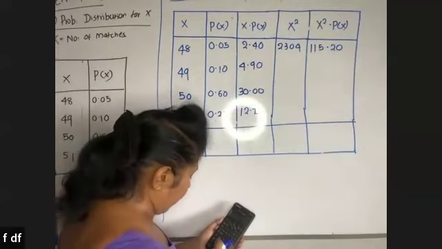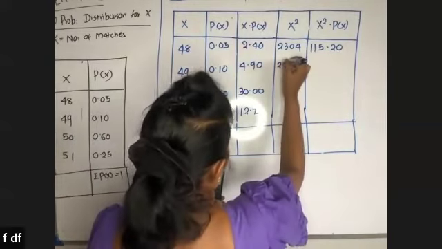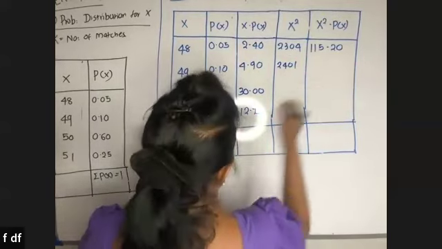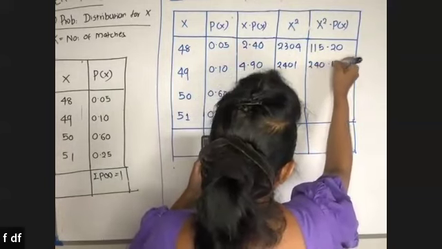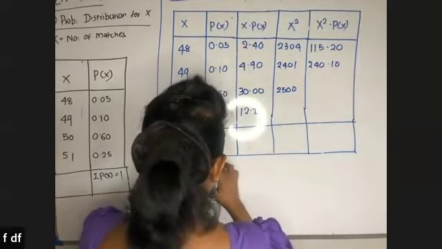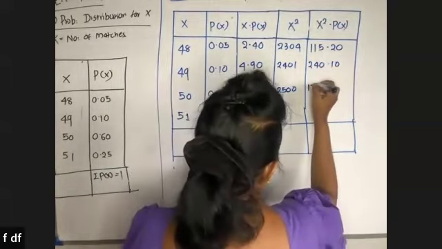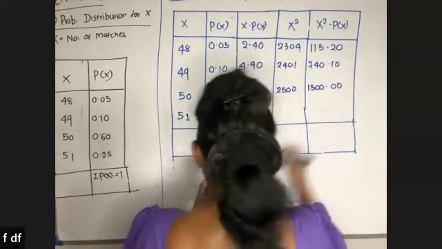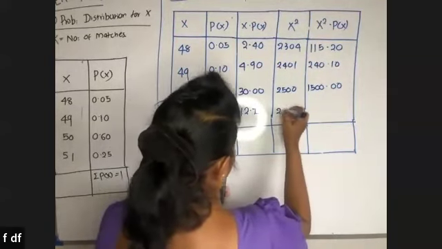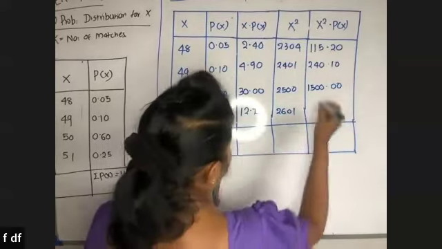Then 49 square is 2401, multiplied by 0.1 gives 240.10. 50 square is 2500, by 0.6 that is 1500. 51 square is 2601, by 0.25 that is 650.25.